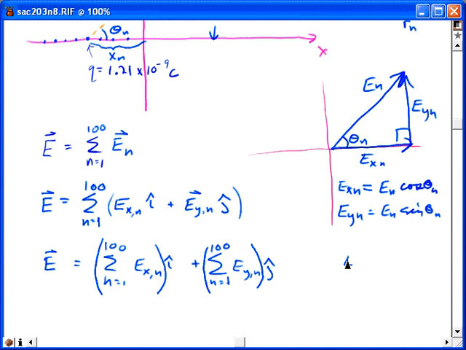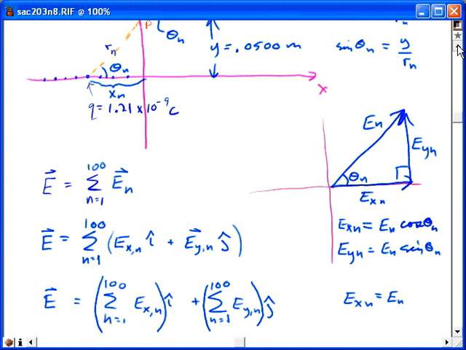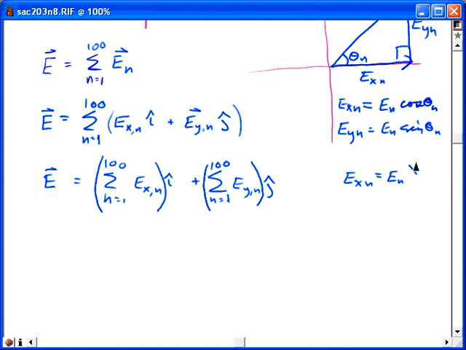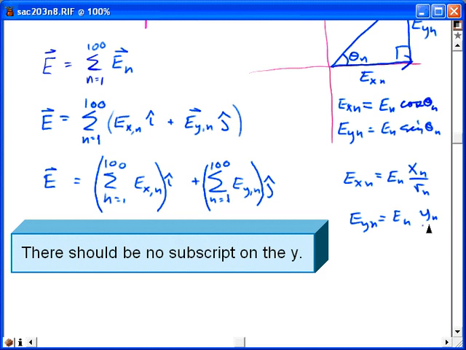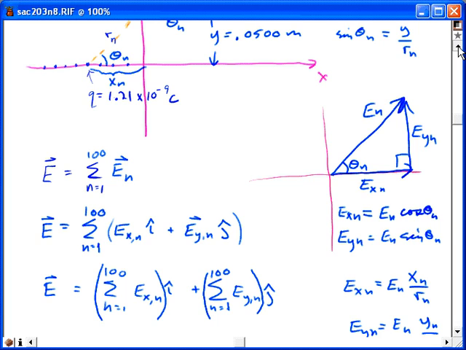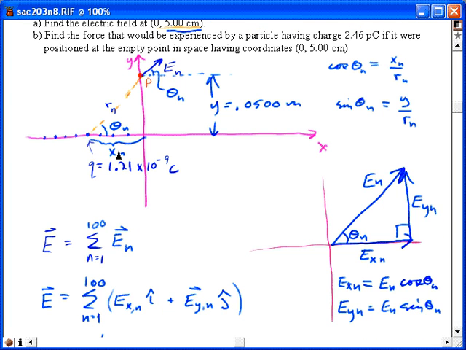So I can express this as E_x,n is equal to E_n times x_n over r_n, and E_y,n is equal to E_n times y over r_n, where r_n is not known in advance, but I can express it in terms of x_n and y itself.